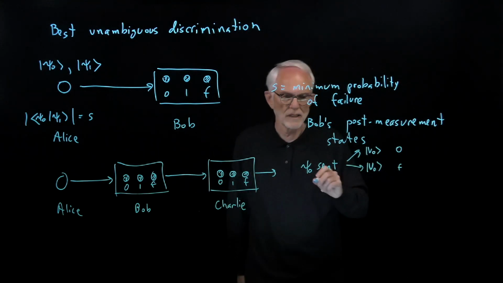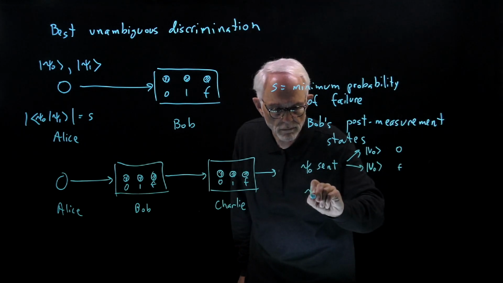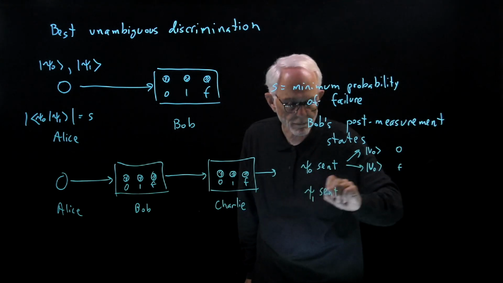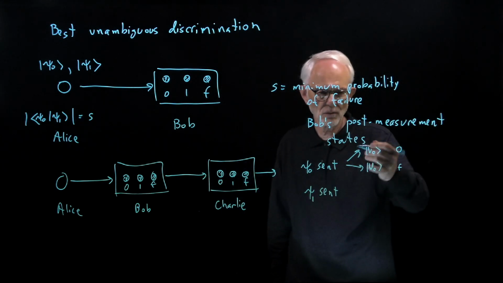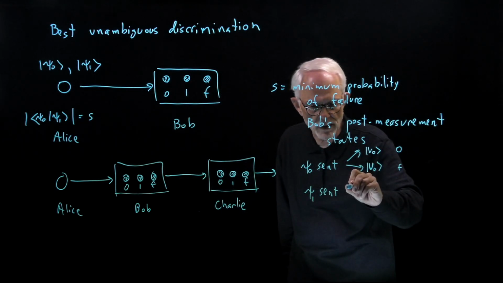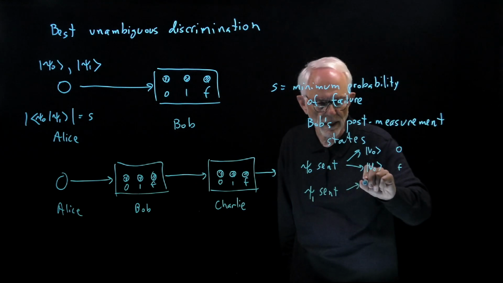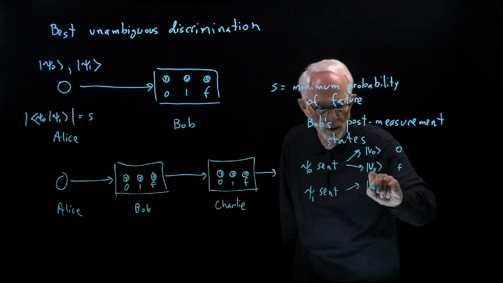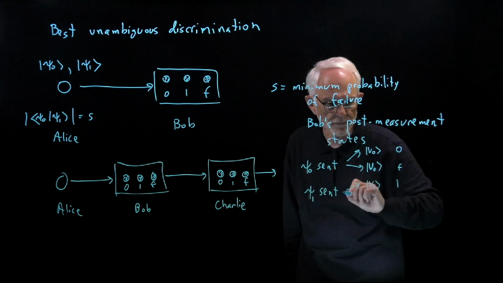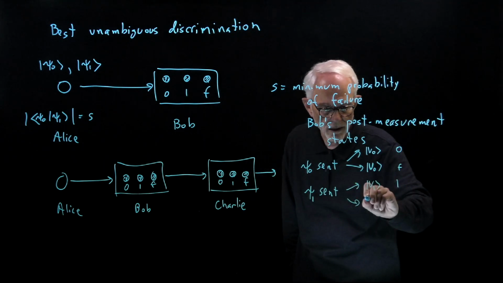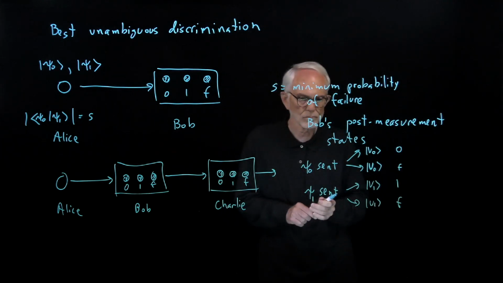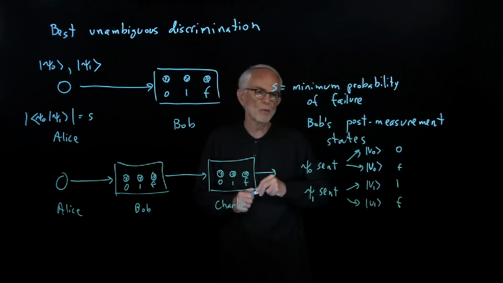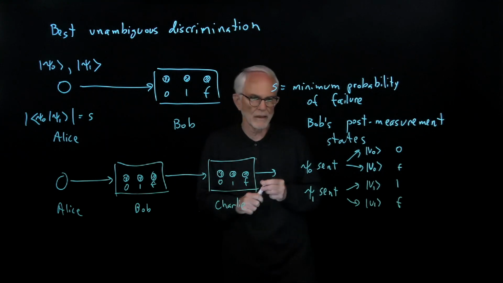If psi1 is sent, then he can either get 1 or fail. So the state that will emerge after his measurement will either be V1 if he got 1, or it would be U1 if he got fail. So these are the states that will get sent on to Charlie.